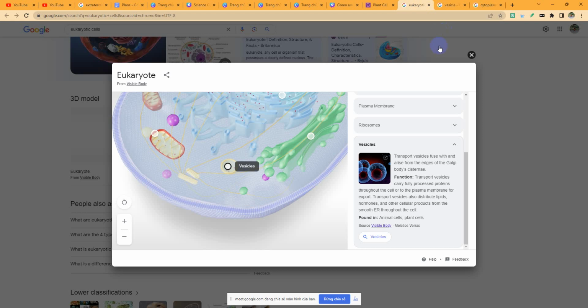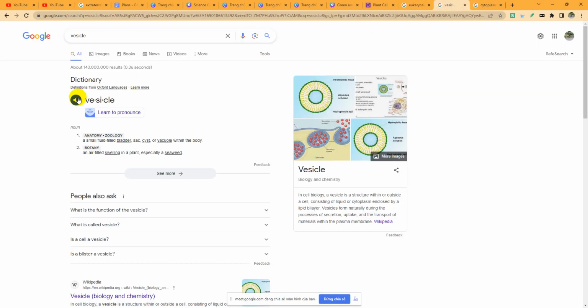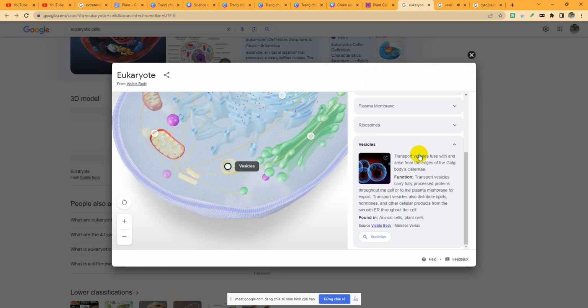It is actually vesicle, right? Yes, vesicle. So a vesicle is a transport vehicle that fuses with and arises from the edges of the Golgi body's cisternae. Whatever, I'm not gonna pay attention to that because it's terminology. So what is the function? The function of vesicles is to transport.